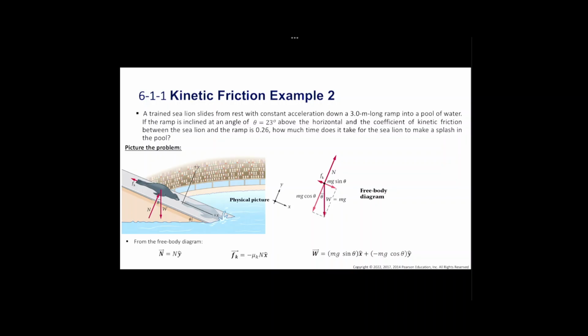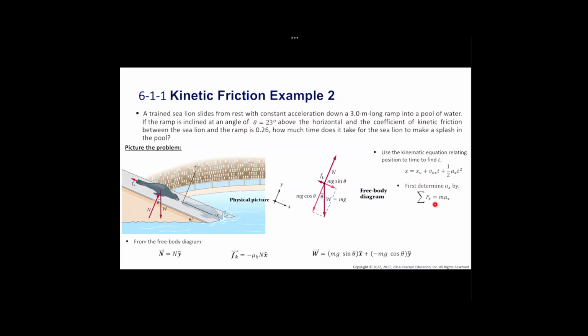Now we are asked to find the time. For that, we can use the kinematic equation, which is x equals x naught plus v naught t plus half a t squared. For that, we first have to determine the acceleration in the x direction. We can use Newton's second law of motion in the x direction, which is F equals ma.